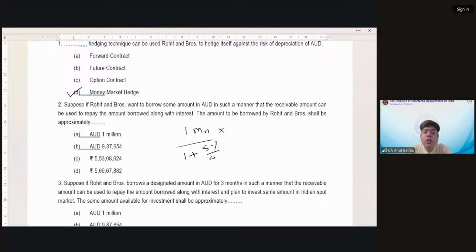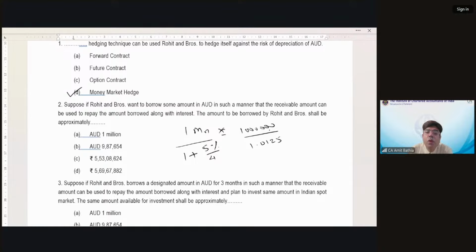Divided by 4 because 3 months, right? So in other words, this will become 1 million upon 1.0125. So 1 million divided by 1.0125.